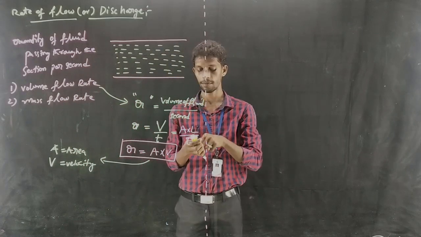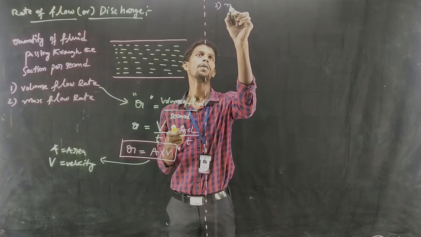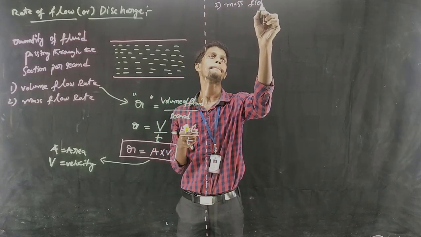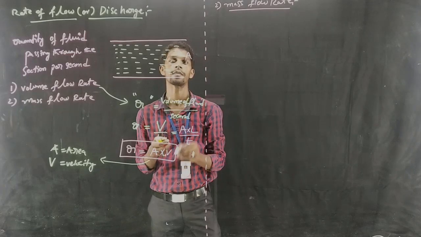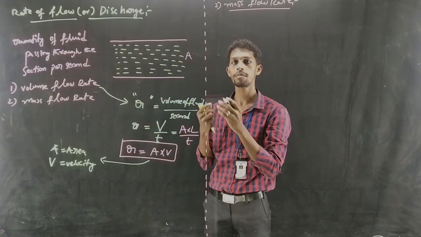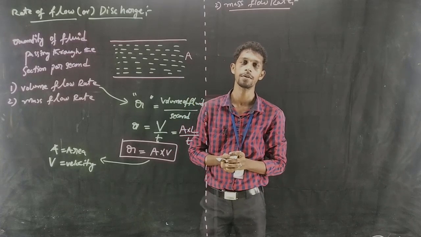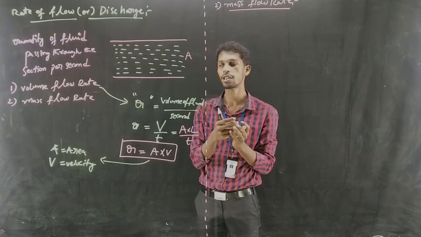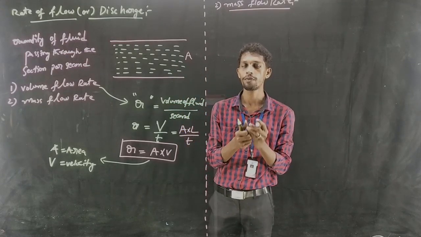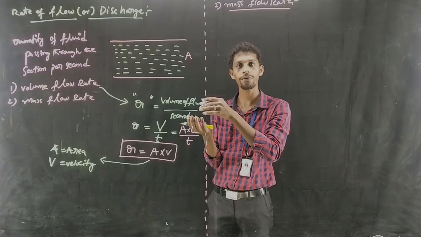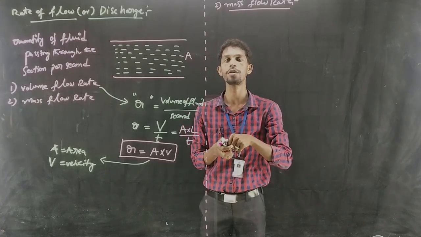And what about the mass flow rate? Mass flow rate is the mass of fluid or weight of fluid passing through this pipe section per second. So it gives you the measurement of fluid in terms of weight or mass. It is defined as the rate of flow as the mass of fluid passing through this pipe section per second.